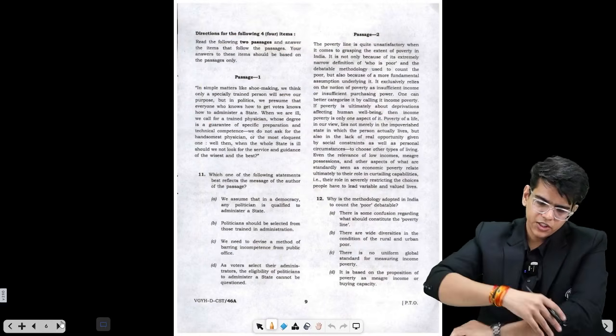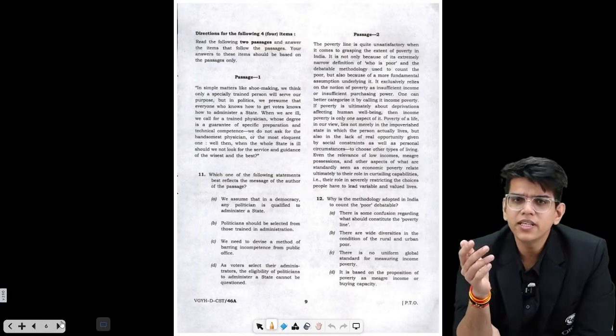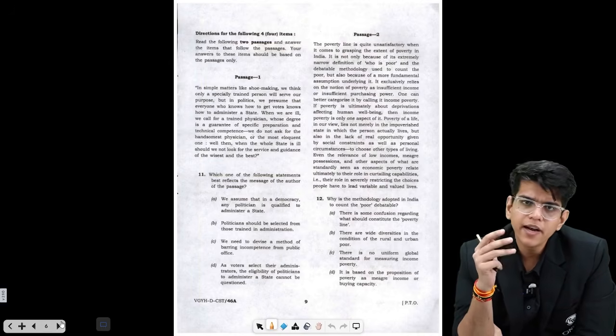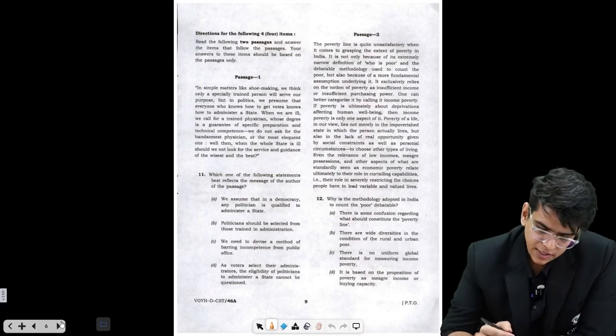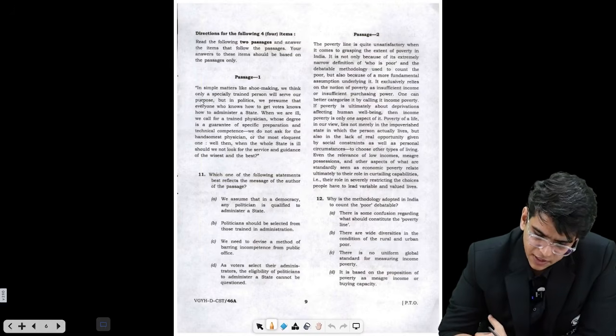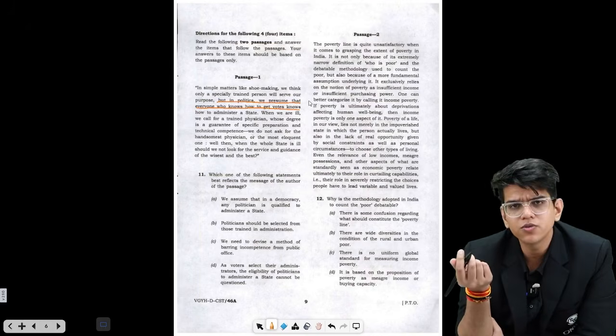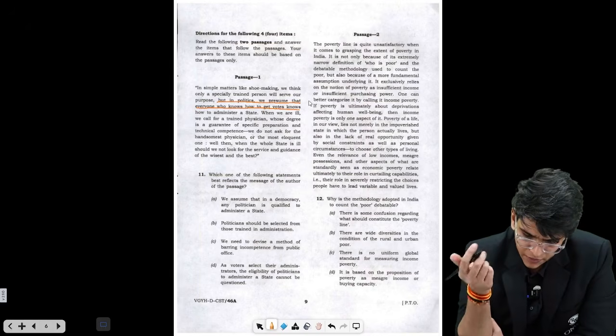In this passage, what they have asked you is, we prefer people with competence while doing different tasks. See, in simple matters like shoemaking, we think only a specific trained person will serve our purpose, but in politics, we presume that everyone who knows how to get votes will govern us properly.